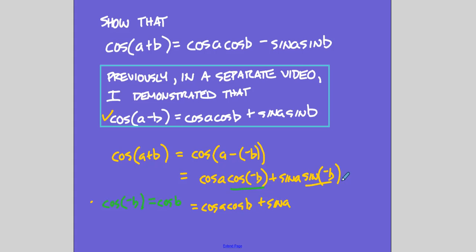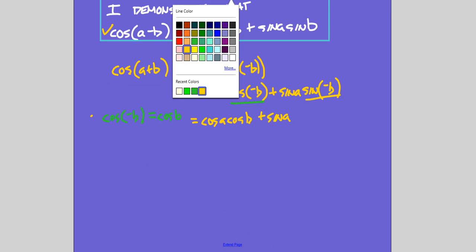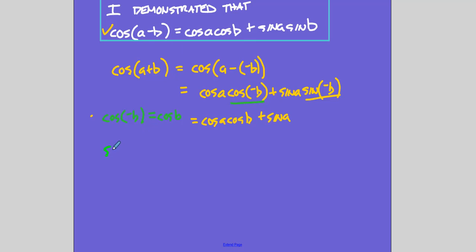So now what am I going to do with this? Well, we talked about odd functions as well as even. I know that sine of x equals negative sine of negative x. Therefore, in this case I'm using b, so I know sine of b equals negative sine of negative b.